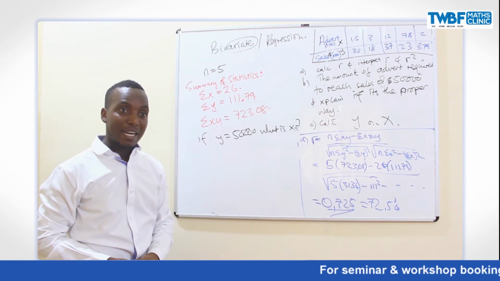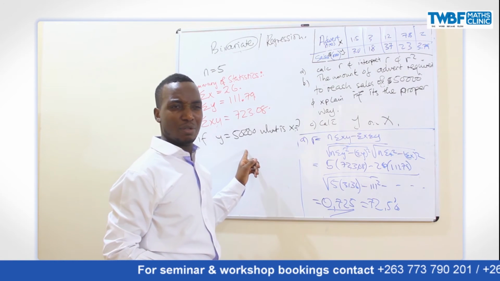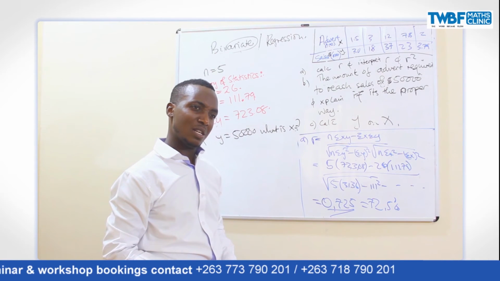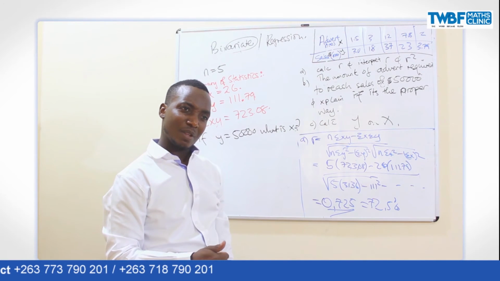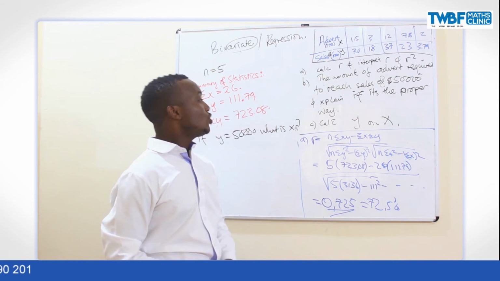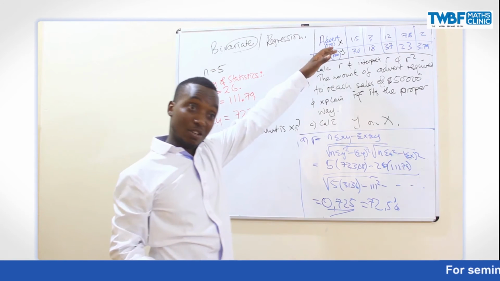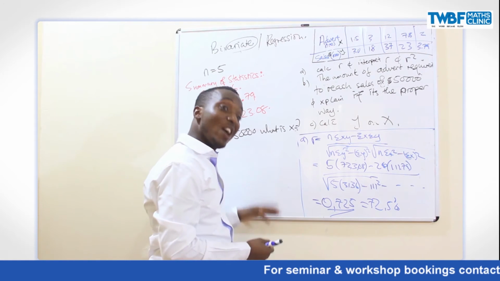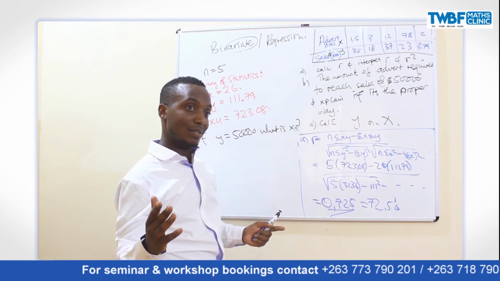It's improper, in the sense that we are using a dependent variable to explain an independent variable. Advertising is independent; sales is dependent on advertising. So we cannot estimate X using Y, but Y can be estimated using X.